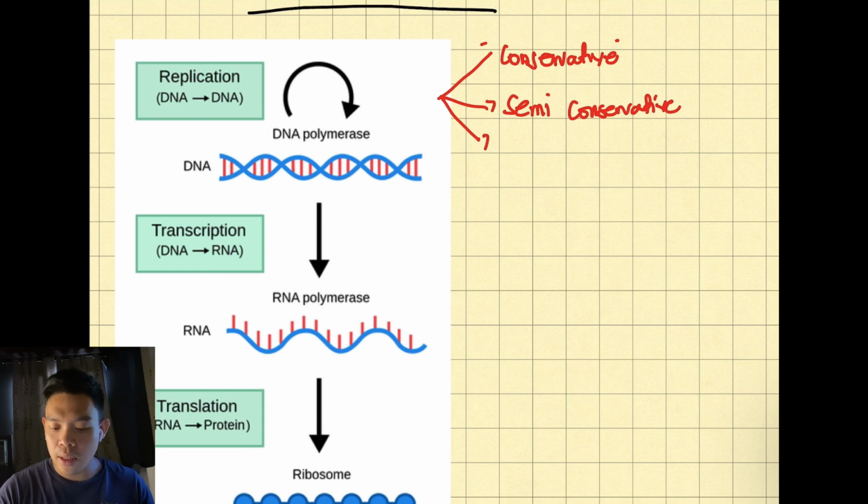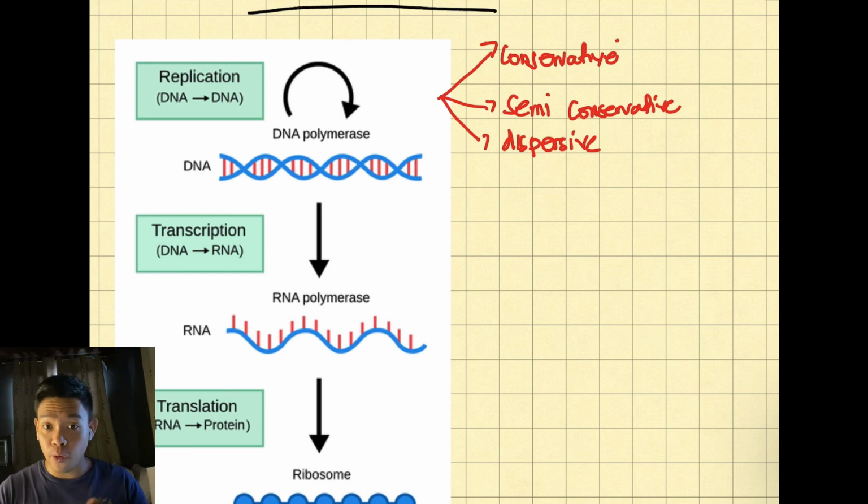And third is dispersive. These 3 proposed models on how DNA replicates were not identified before, until it was proved by Watson and Crick that the DNA replicates through the semi-conservative manner.